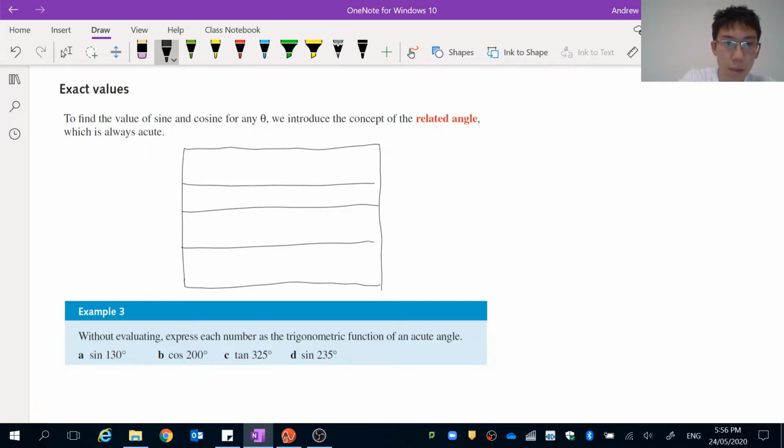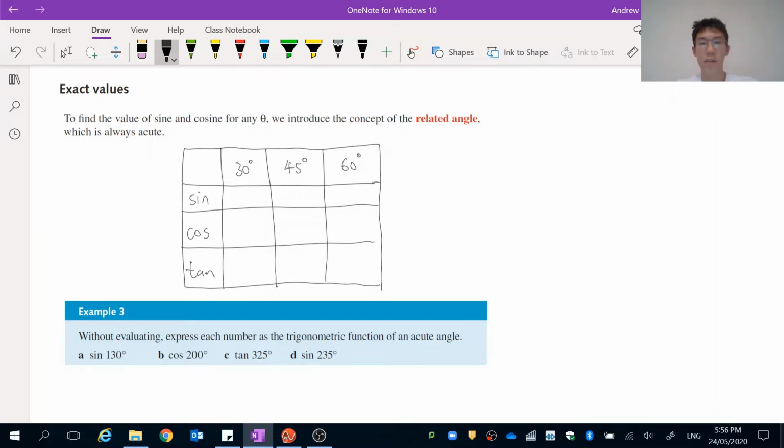Draw up a table, basically 4 by 4. Leave this corner blank, and then I go sine, cos, tan, and across the top I go in increasing order 30, 45, 60. So start at 30 and go up by 15 degrees each time. It'll start getting easier to remember as you do more.